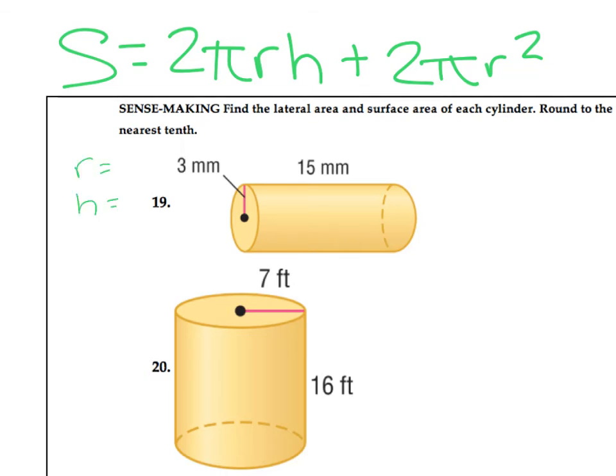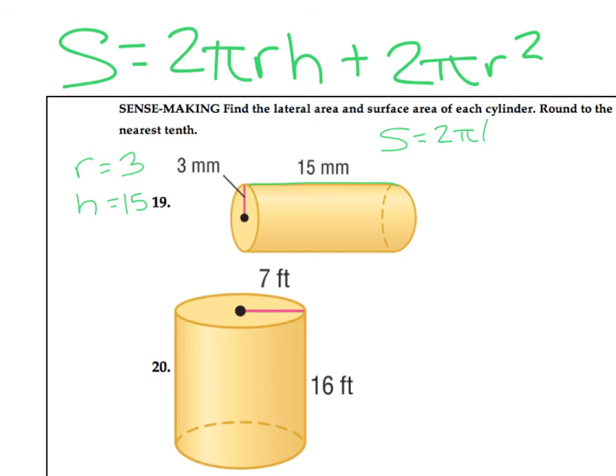In this first example, number 19, our radius is 3 and our height is 15. Remember, the height is the distance between the two bases. I'm going to plug this in. It's really important that you're labeling surface area versus lateral area when you're writing your formulas out. It's going to be very helpful for all of us.